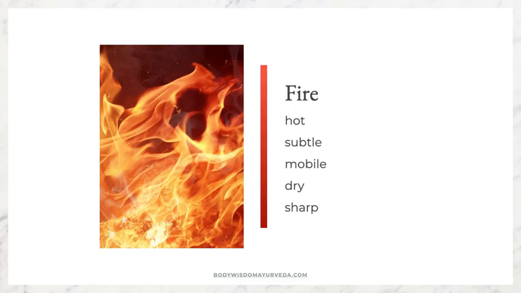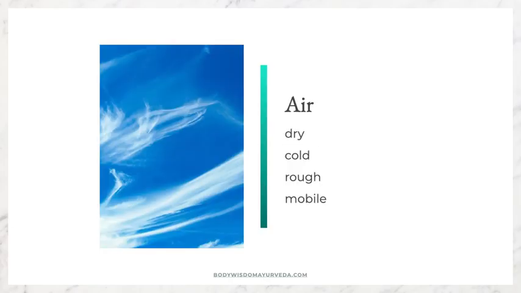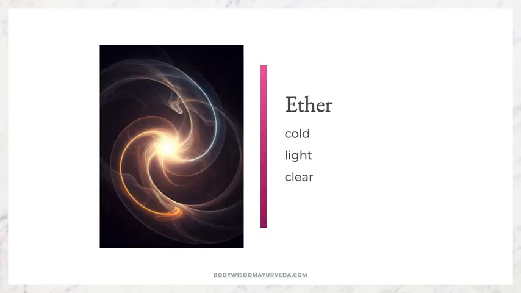Fire is hot, subtle, mobile, dry, and sharp. Air is dry, cold, rough, and mobile. Ether, sometimes called space, is cold, light, and clear.